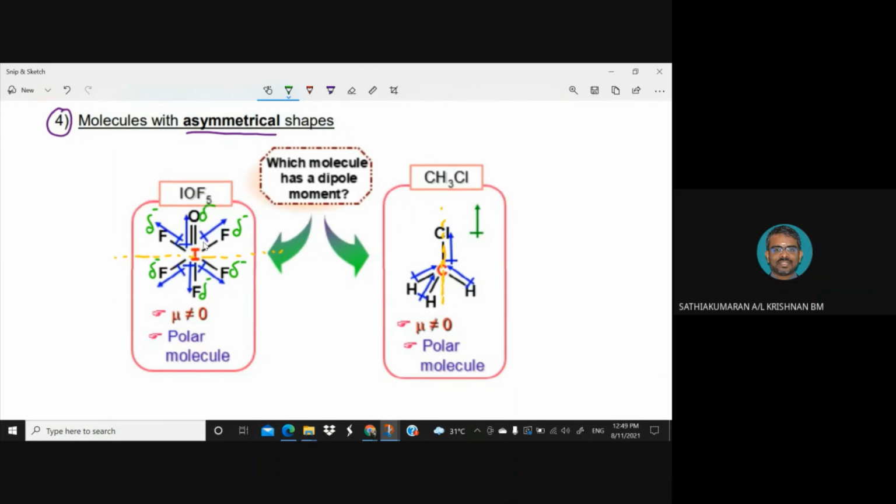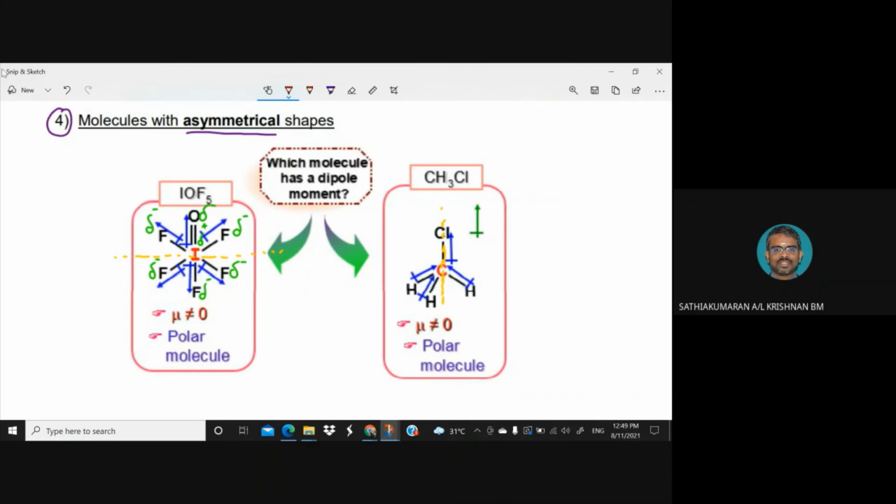Oxygen. So iodine is delta positive. I want to draw bond dipoles from less electronegative to more electronegative. So how many bond dipoles can I draw? I can draw 1, 2, 3, 4, 5, 6.